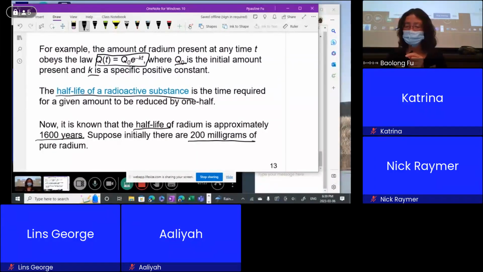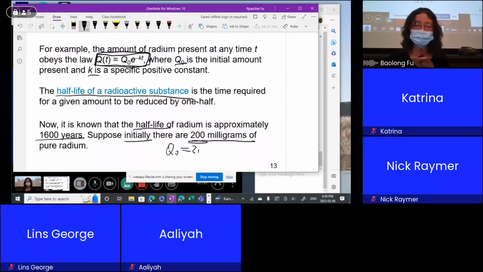First, we write down the general format. This is the general format: Q(t) equal to Q0 e raised to negative kt. Okay. And then we use the initial value. Initial value is 200. That means Q0 equal to 200.